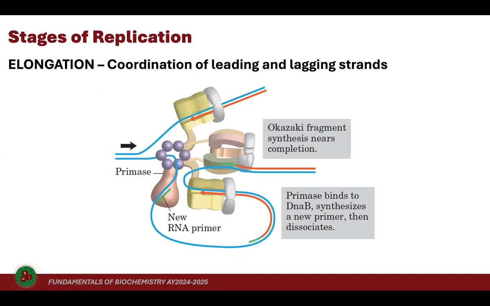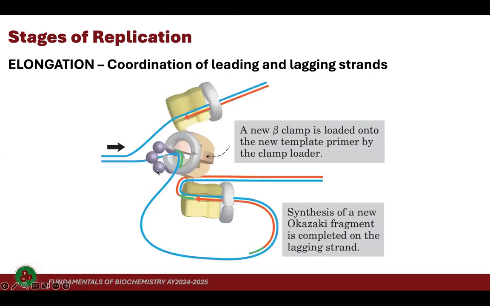Once it synthesizes the new primer, of course your primase removes itself, and then a new beta clamp gets reloaded. Probably it recognizes the newly synthesized RNA primer. So the clamp loader loads a new beta clamp to the newly synthesized RNA primer.